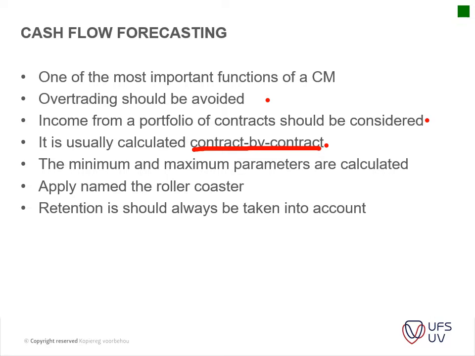And then retention should always be taken into account. Your retention in government projects is usually 365 days, so there's a 10% that's usually retained, and you only get that 10% after a year.